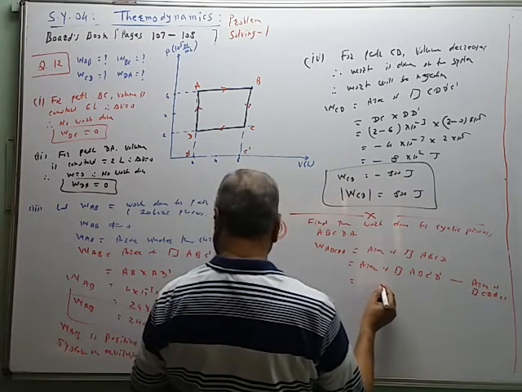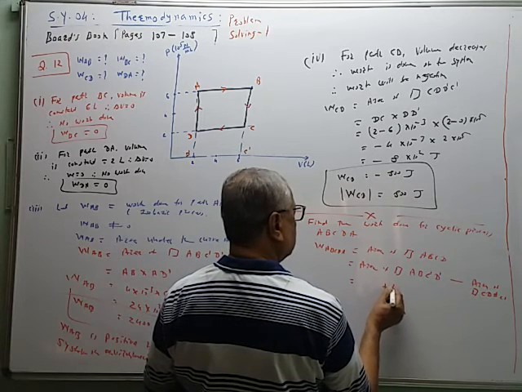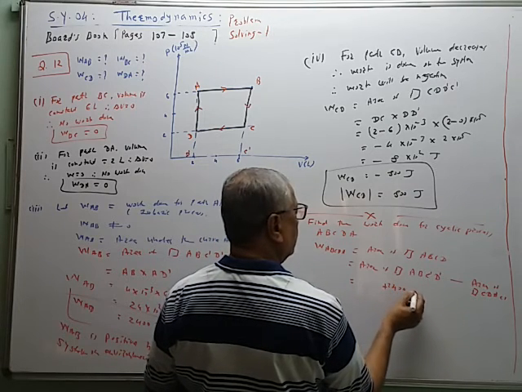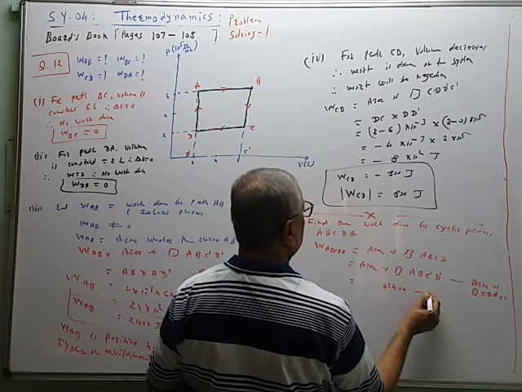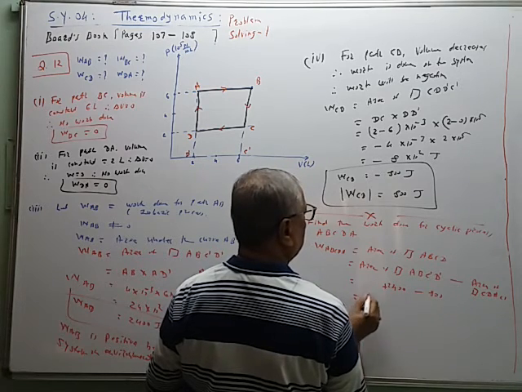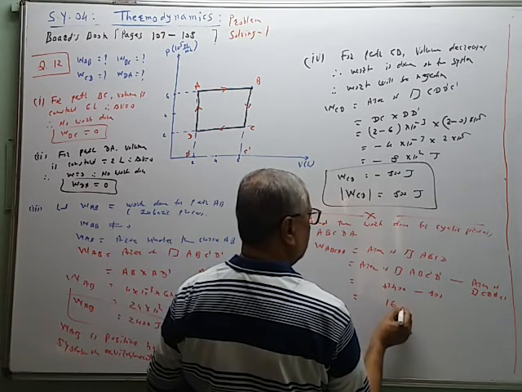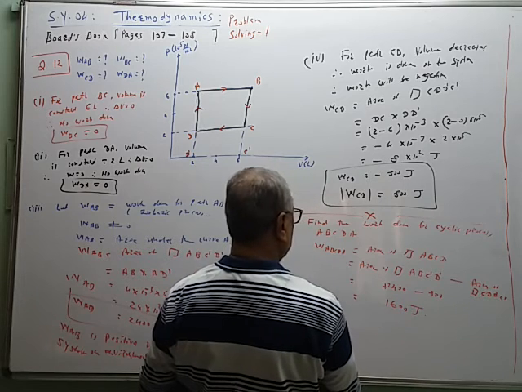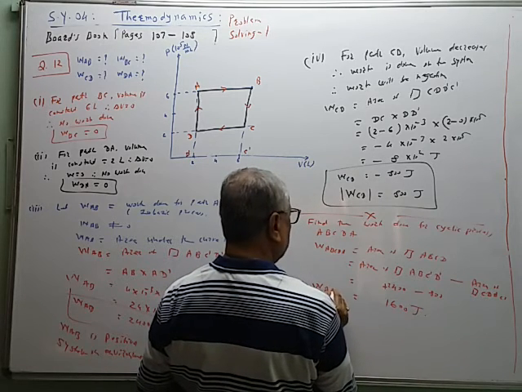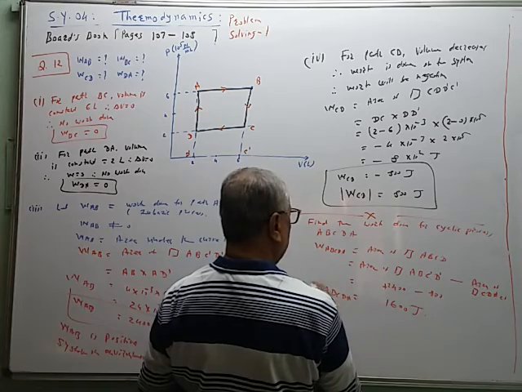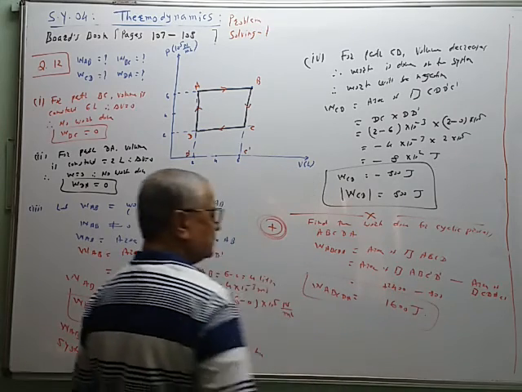So this area is equal to plus 2400 minus this area is equal to 800. So that is equal to 1600. So work done during the cyclic process A, B, C, D, A is equal to this much.